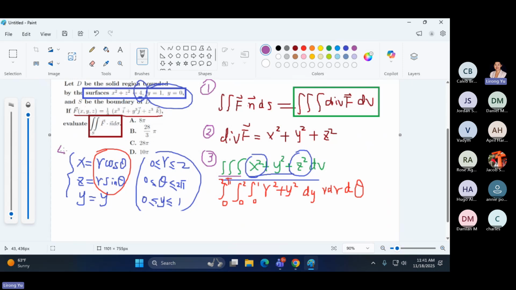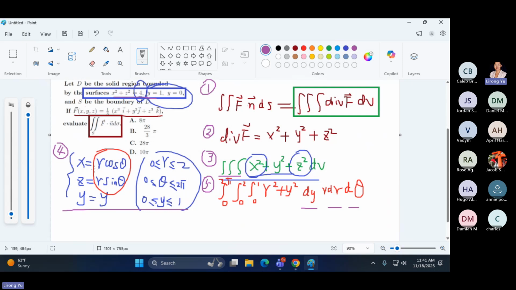Step 4, we analyze that. We end up doing the cylindrical coordinates, we do a change of variable. And then coming back here, step 5, we realize that we're also integrating that triple integral using these variables y, r, theta. It's a triple integration.